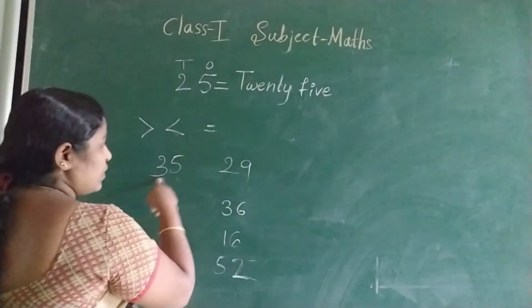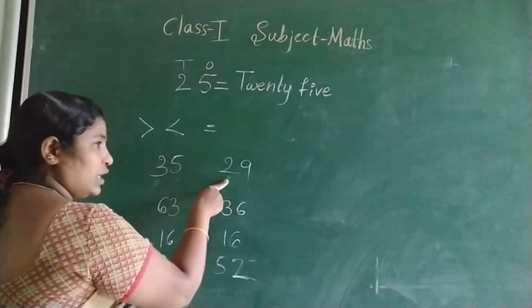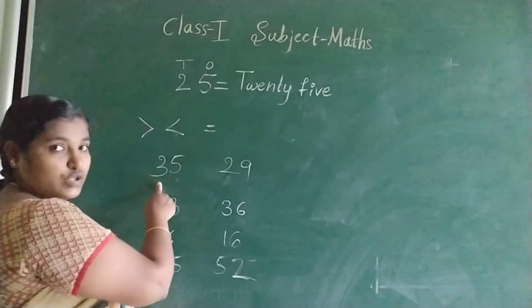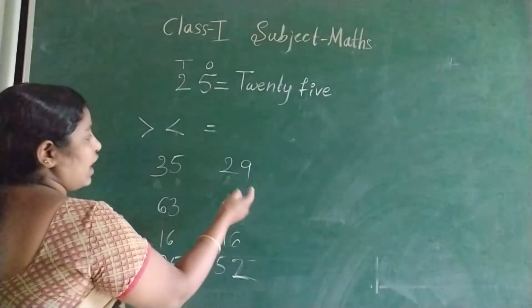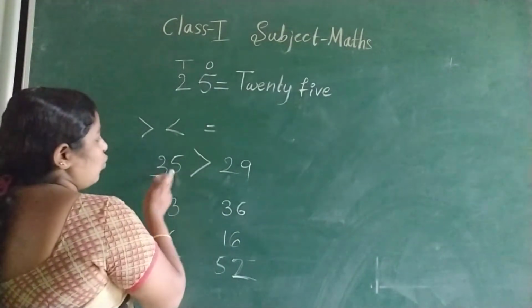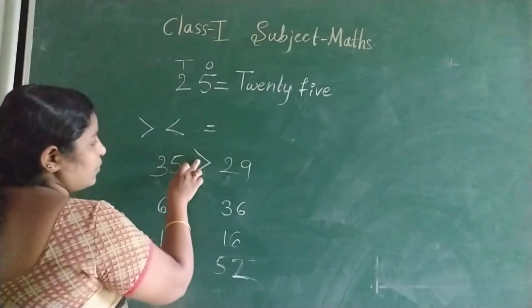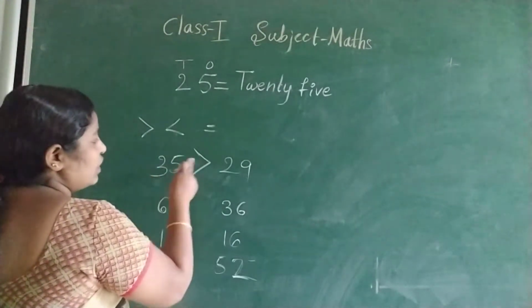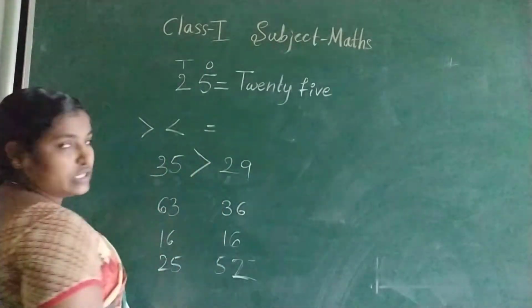First see tens place, tens place. 3 and 2. Which is big? 3 is big. So 35 is greater than 29. So you should write the symbol like this. Which side is the big number? That side it should be open. Now 35 is big, so here open. 29 is small, here closed.